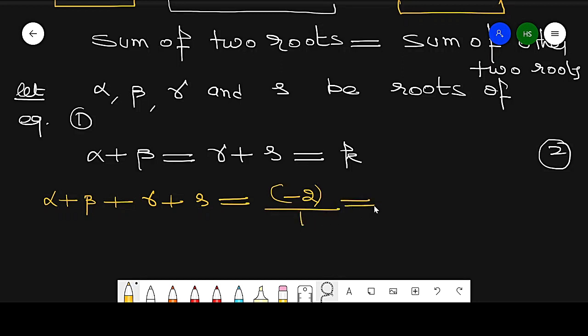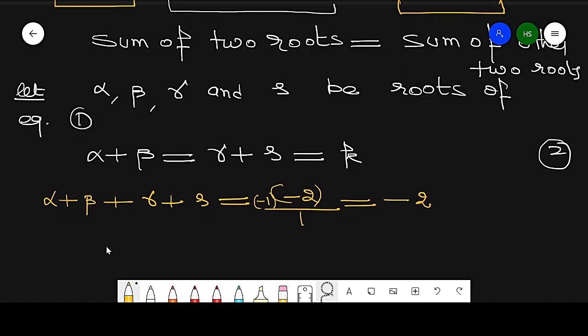So the sum of all roots is minus 1 into minus 2 over 1, which is 2.